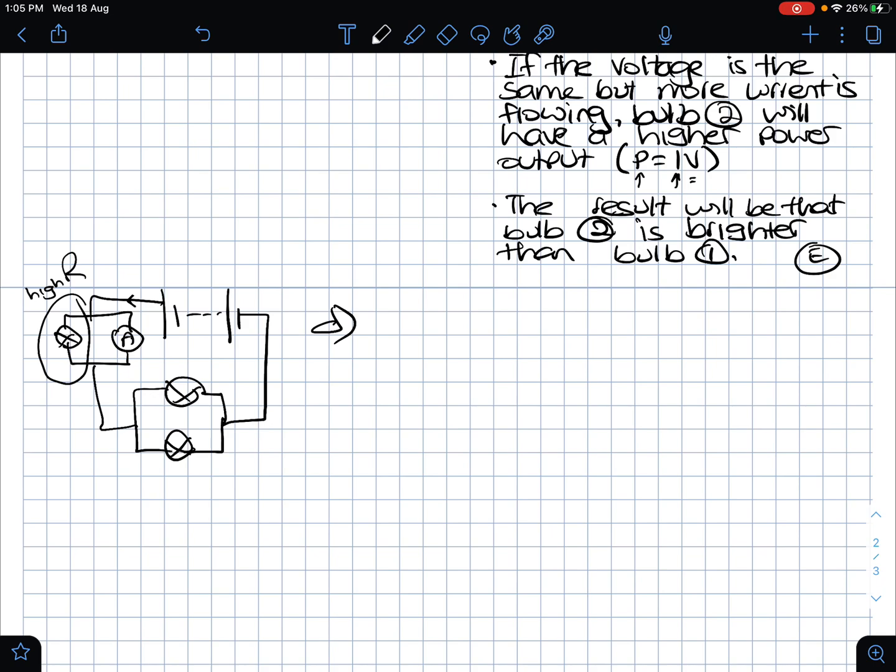And so all of the current will come out of the power pack and it will all come down here. So all the current will come down through the ammeter. And so that's called a short circuit.